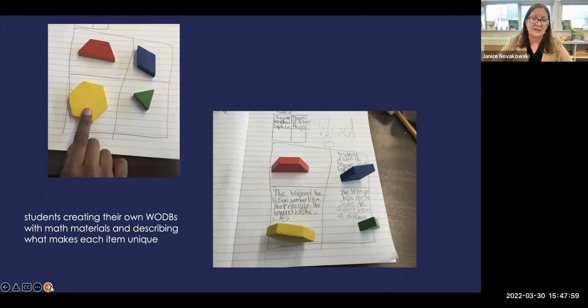And then the students collected materials from their classroom and created their own WODBs in their notebook. So you can see we haven't worried about drawing with rulers or anything. They've just drawn a square and then divided it into 4 parts and then chosen their shapes and then described the attributes of the different shapes.